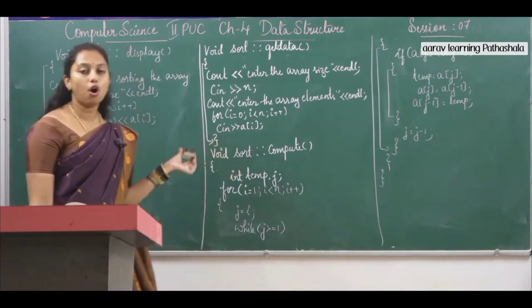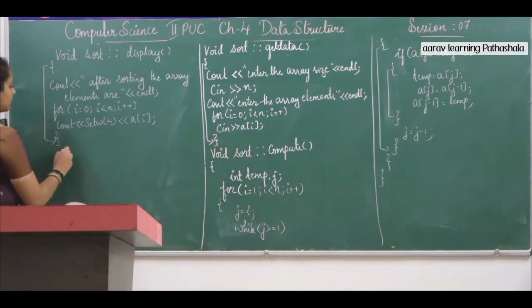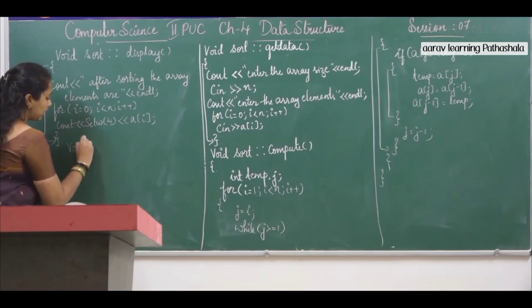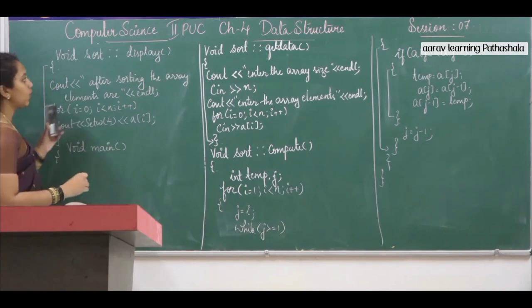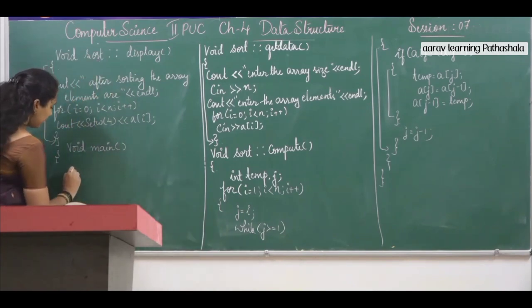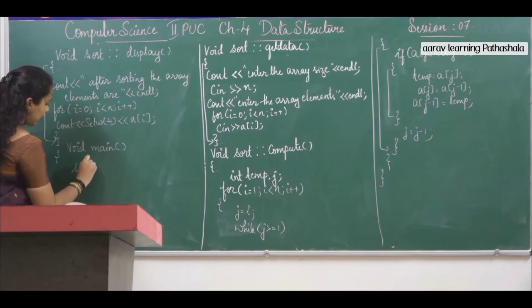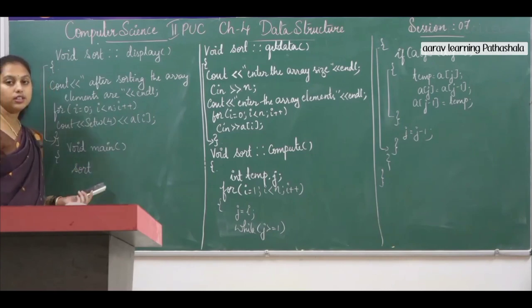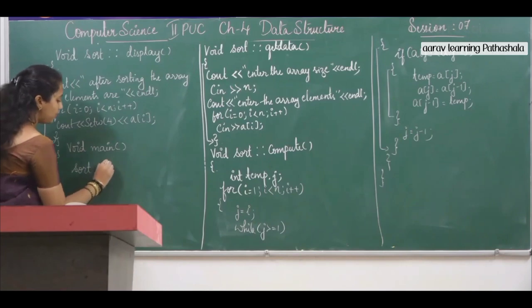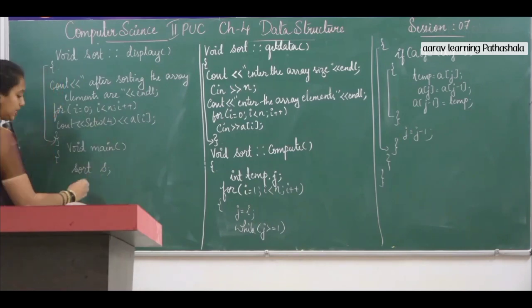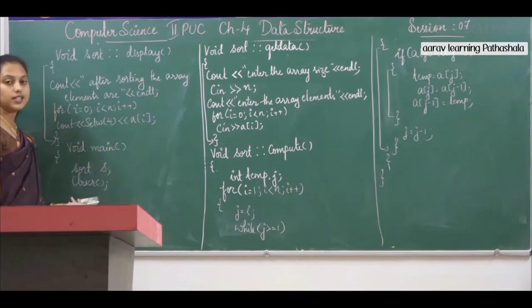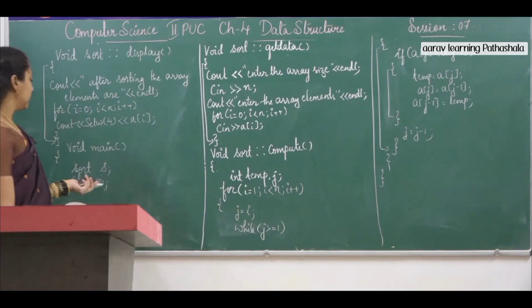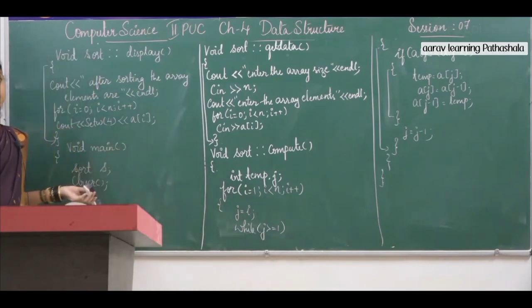Next we have to create an object for this class. In the main function we are going to create an object for this class called sort. How to create an object? First we have to write the class name followed by the object name. Why are we using clrscr? The clrscr function is used to clear the previously generated output on the console screen.